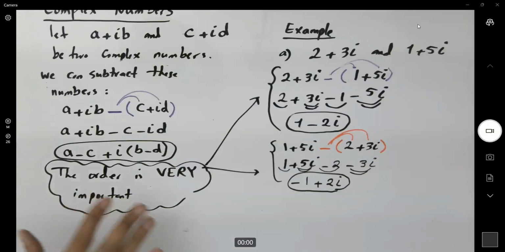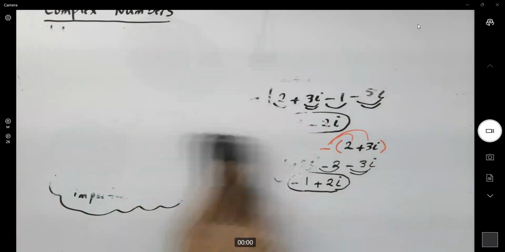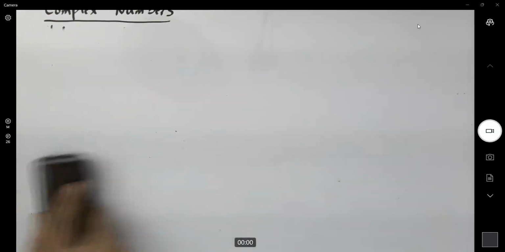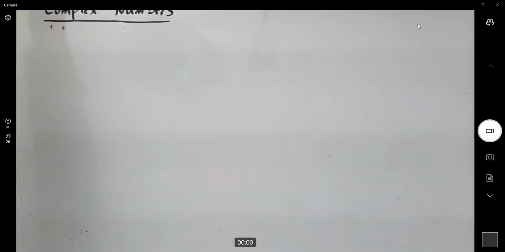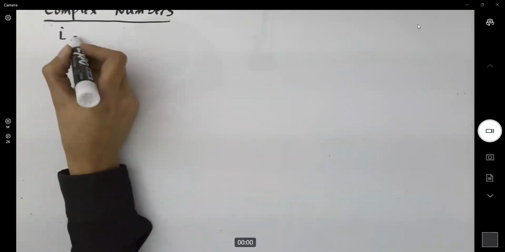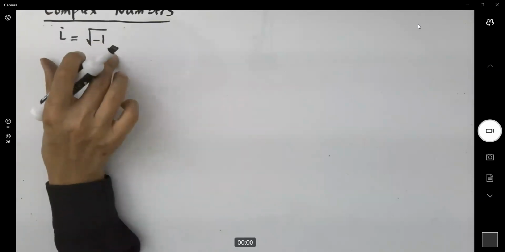Okay, before we move over to multiplication and division, let us just focus on some of the representation of i, or square root of -1. Recall that we said i is equal to square root of -1. And where did this come from?